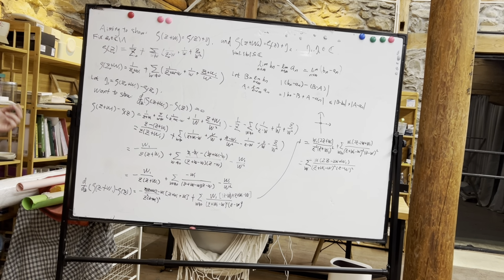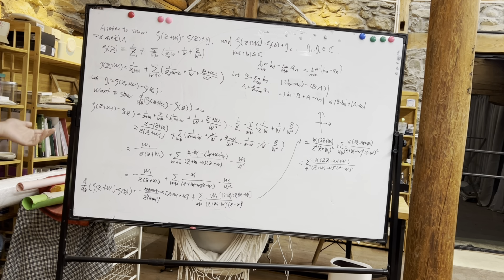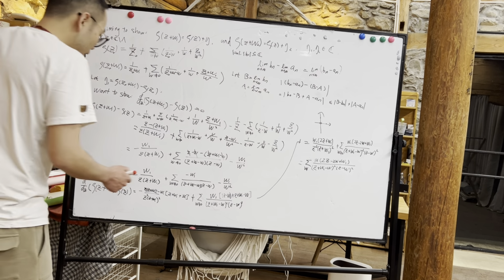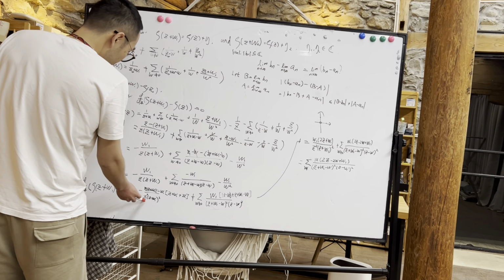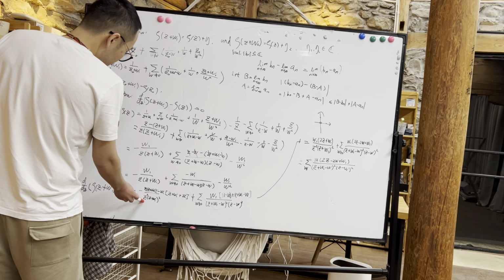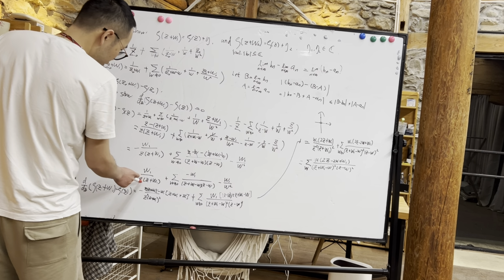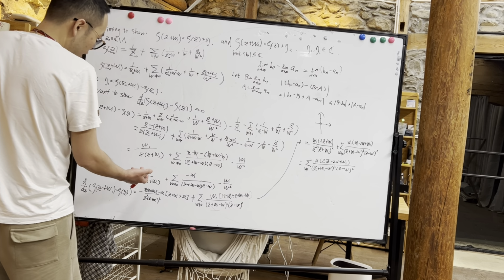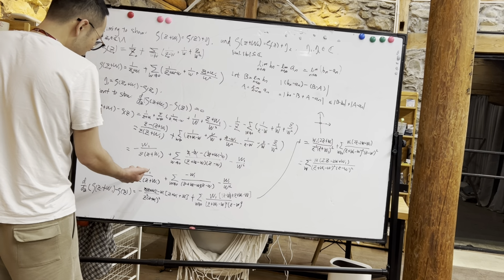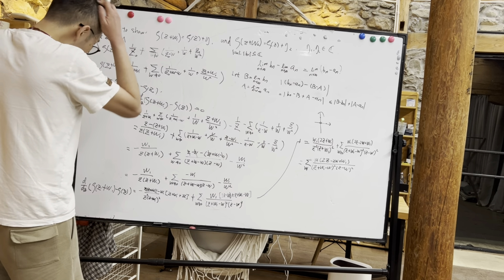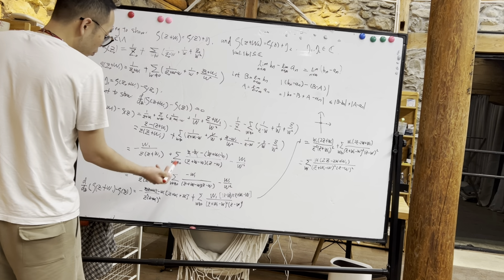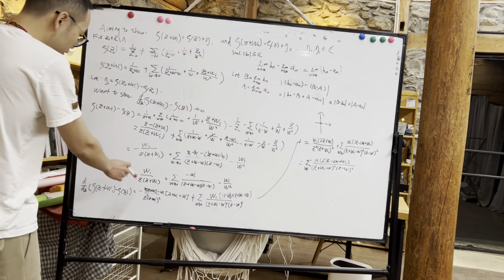Okay, so again we use this property, and then for the bottom term, this is just the chain rule.